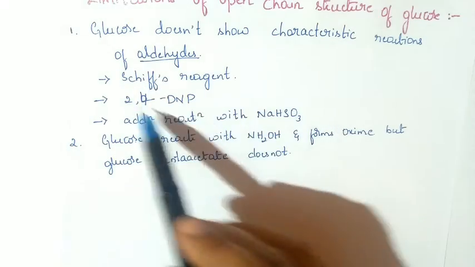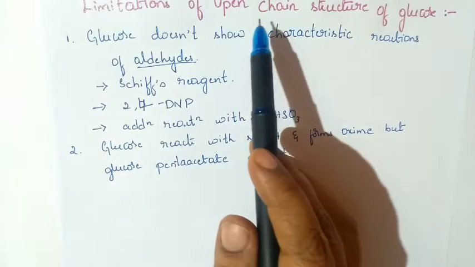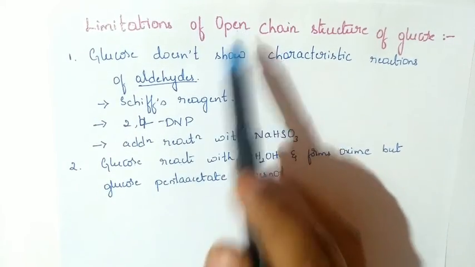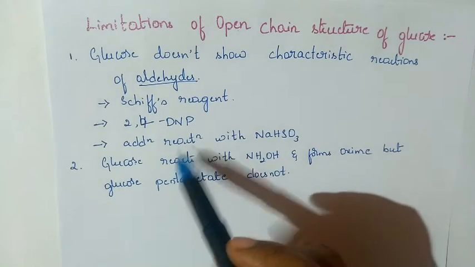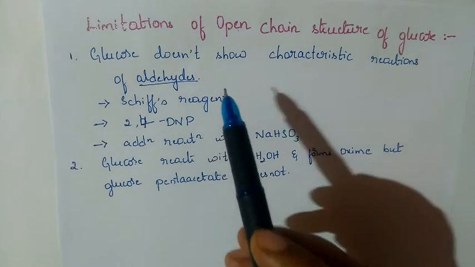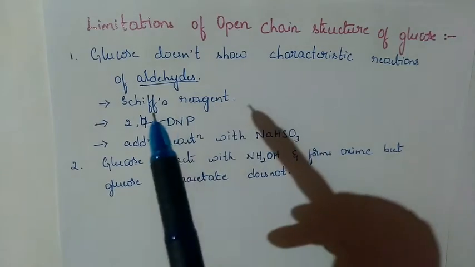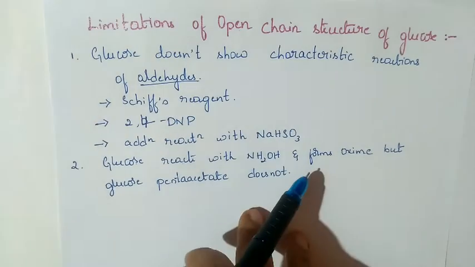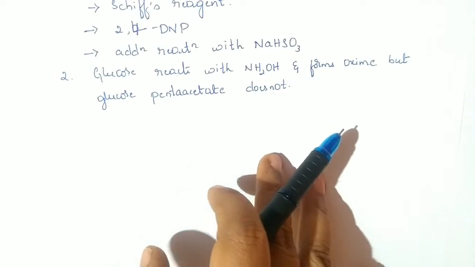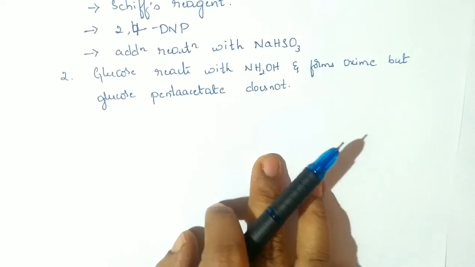In the open chain structure, the aldehydic group is very much free. But all these things show that the aldehydic group is not free in glucose, indicating the open chain structure is not the correct structure for glucose. There might be a ring structure, or a cyclic structure. We have one more limitation, that we shall also see.